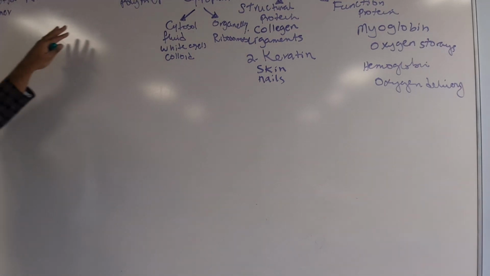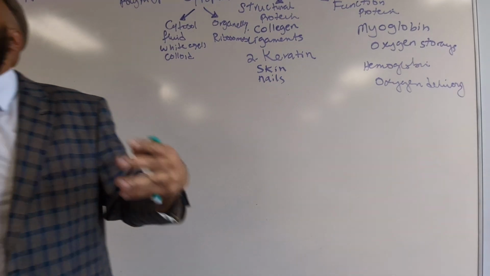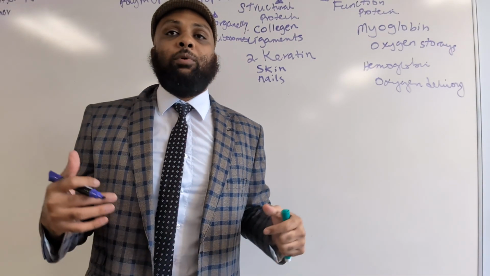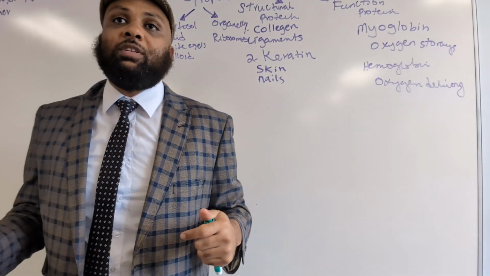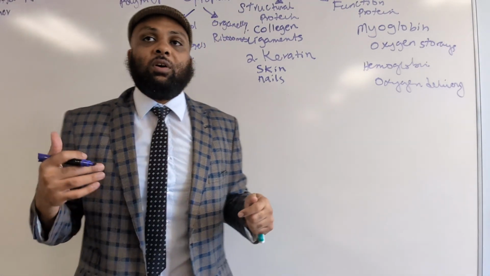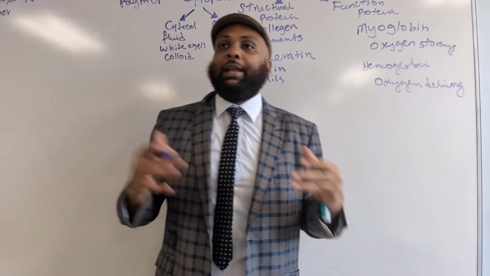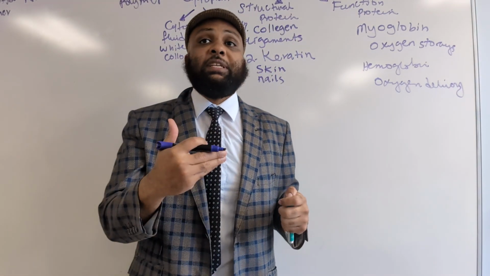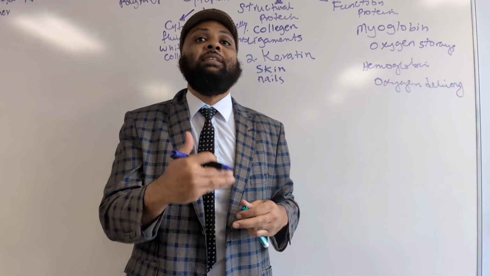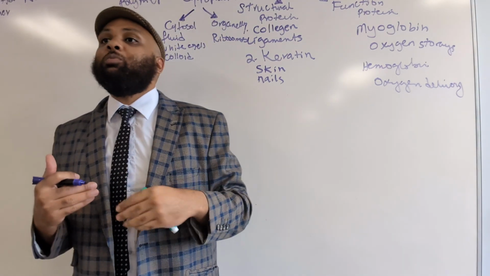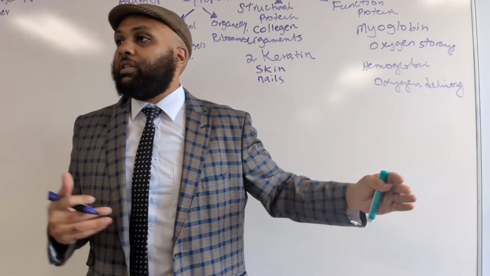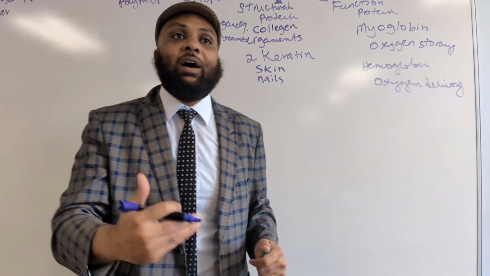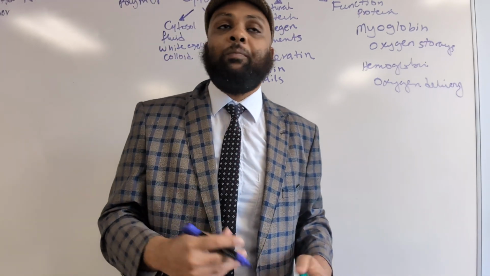So the cell is able to survive. The cell is able to carry out metabolism, the process of catabolism and anabolism, by protein enzymes. These protein enzymes, they are responsible for carrying out the process of catabolism and carrying out the process of anabolism.